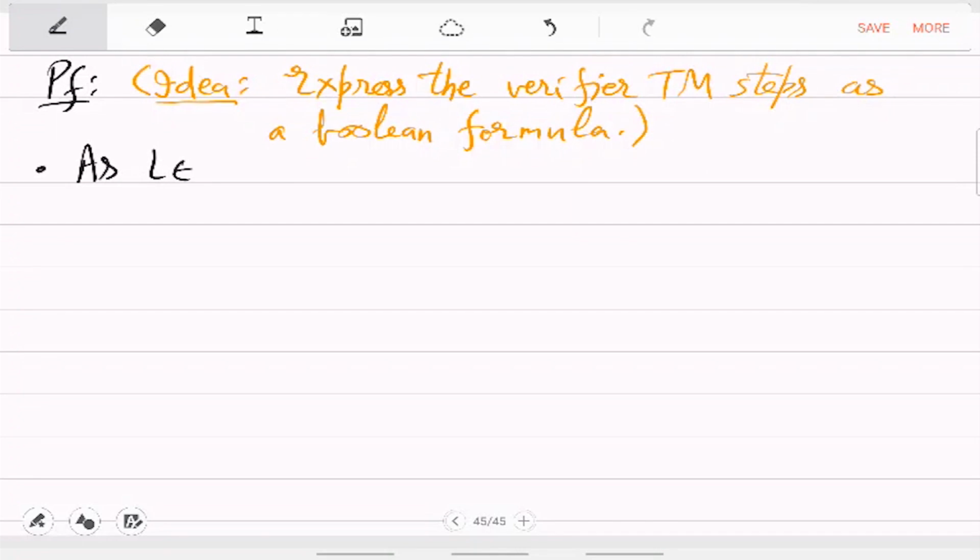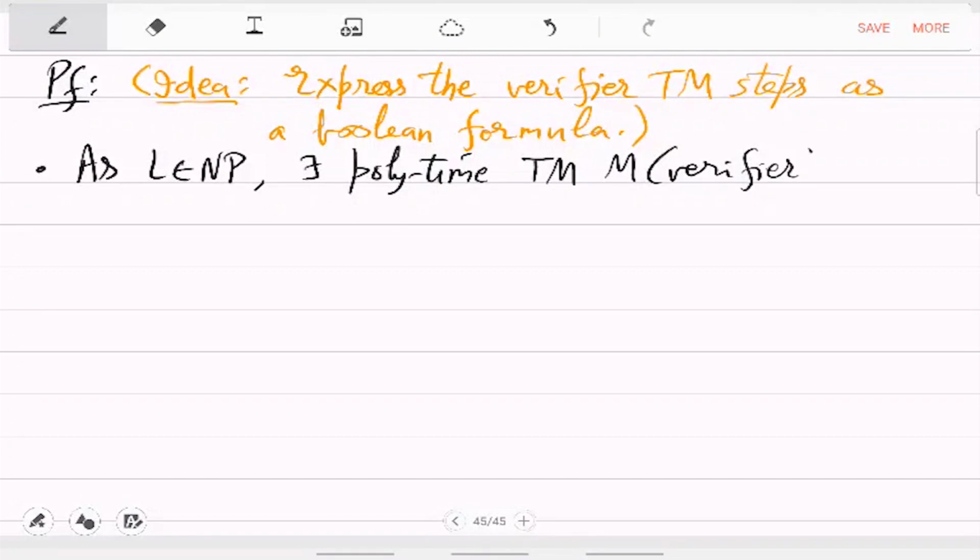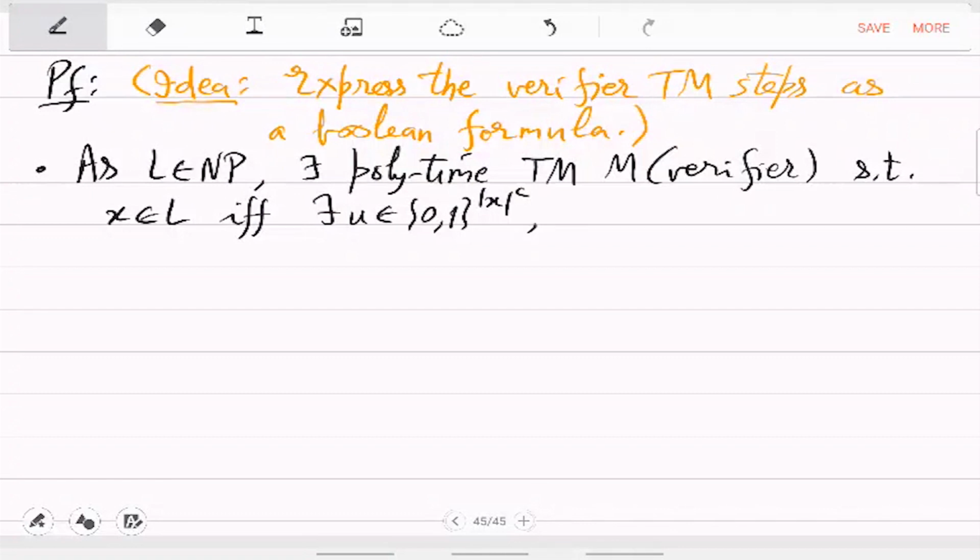So as L is in NP, there exists a polytime Turing machine M, which we keep calling the verifier, such that x is a yes string if and only if there is a certificate u that M accepts.